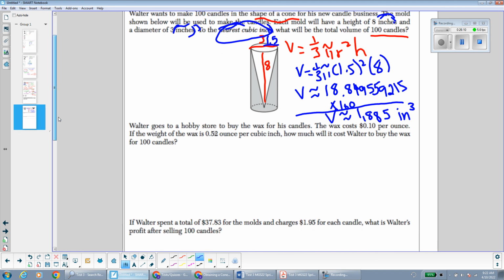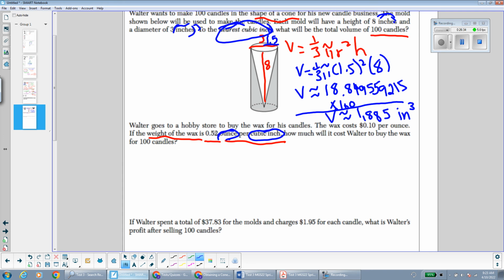For the next part, we need to figure out how much it will cost to buy the wax for 100 candles. So they give us here that the weight of the wax is 0.52 ounces per cubic inch. Next to the 0.52 number, there are two units. There's the mass unit and the volume unit.